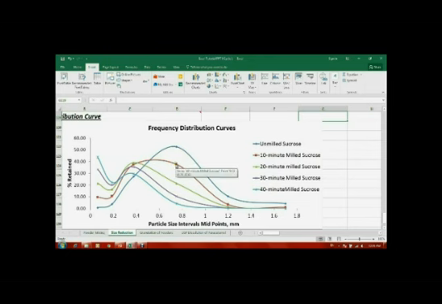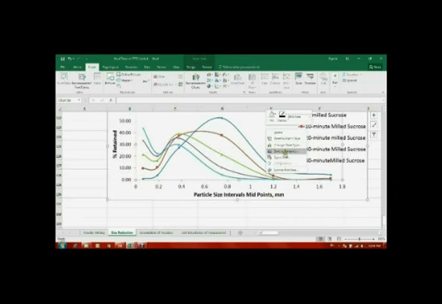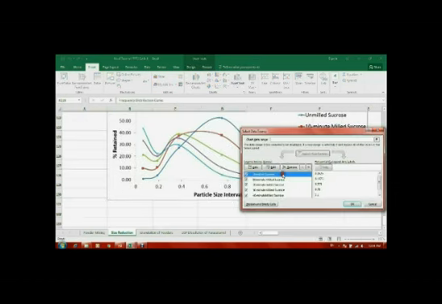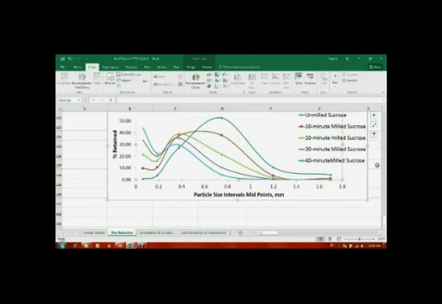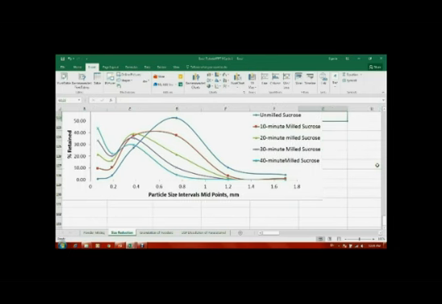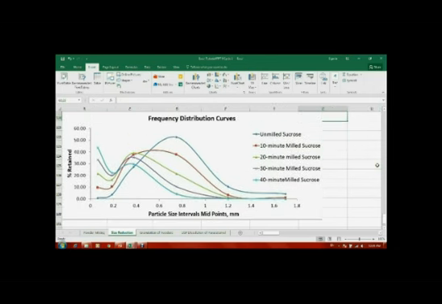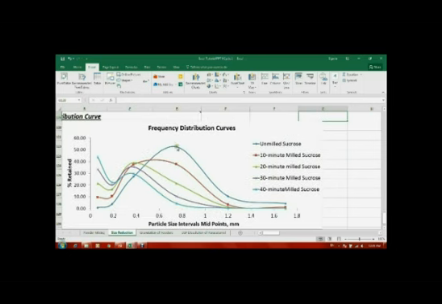Please here notice the differences between charts at the 5 sampling points. You can see the frequency distribution curve of unmilled sucrose has the highest x-coordinate, which means particle size, of its peak.